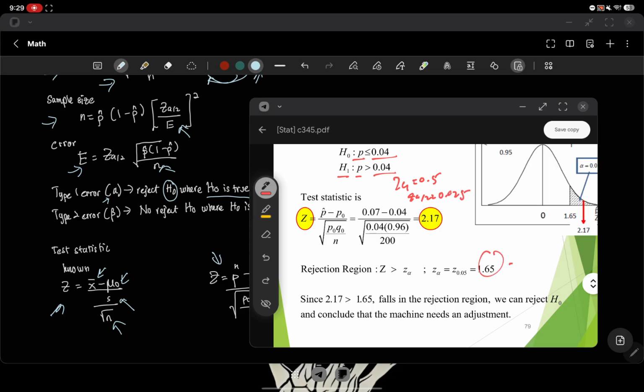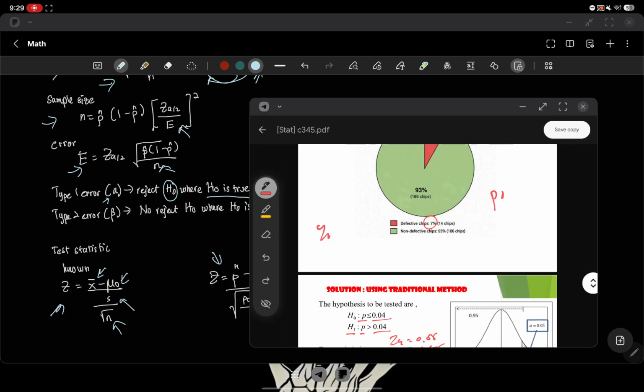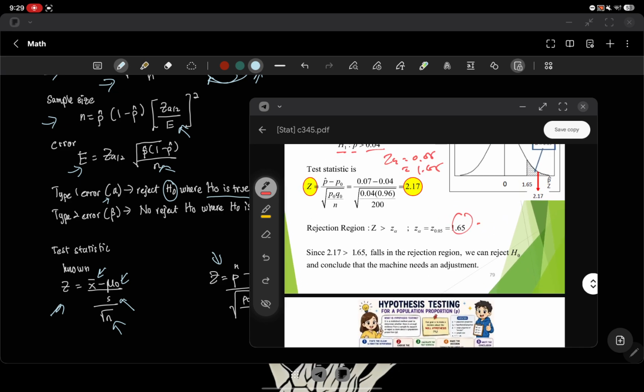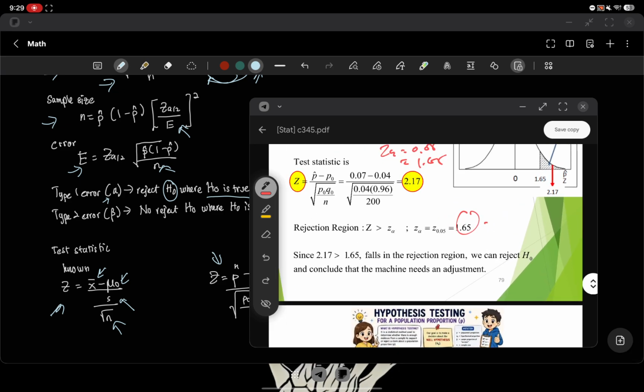Oh no, in this case we don't need to divide by 2. So the alpha is 0.05, meaning it's 1.65. Remember, in confidence level, the percentage that we get, we need to divide by 2. In this case, they have given the alpha directly, so we don't need to divide by 2. I'm very sorry for two mistakes in this video.